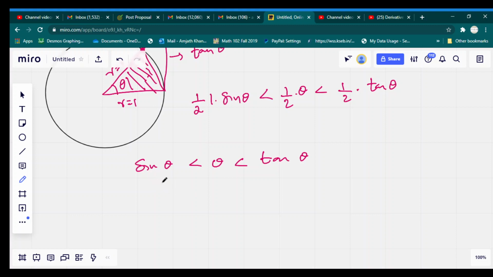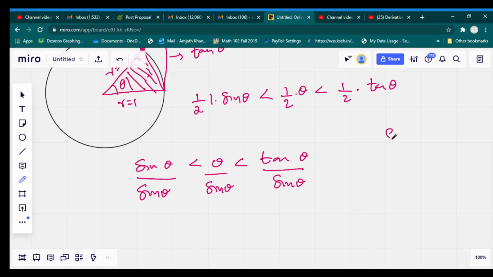We can divide by sine theta: theta over sine theta, and tangent theta over sine theta.